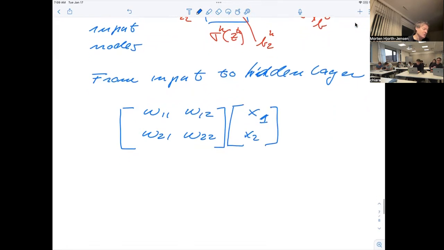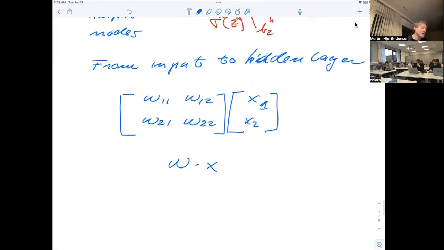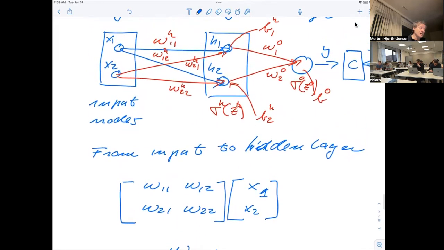And we can write this in a more compact way as a matrix W times the vector x. And this matrix W can obviously have different dimensionalities. Now, this result, which we have here, is now fed into these hidden nodes.